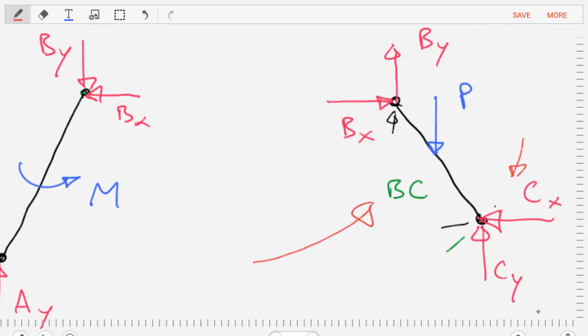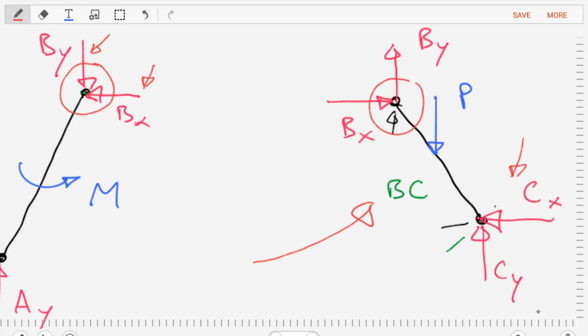And in this member BC, we are going to transfer information from our first diagram into our second. Our two members are connected at point B, right? In the first one, we assume that BX is to the left and BY is down. In our second diagram, for equilibrium's sake, we need to choose opposite directions because the force is equal, but it must be in an opposite direction in the other member.